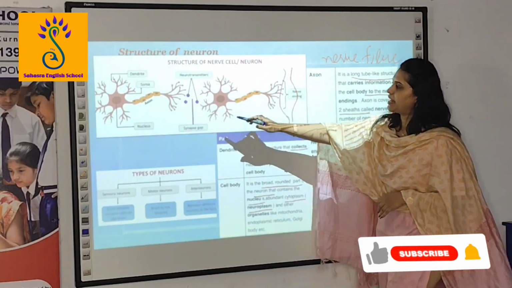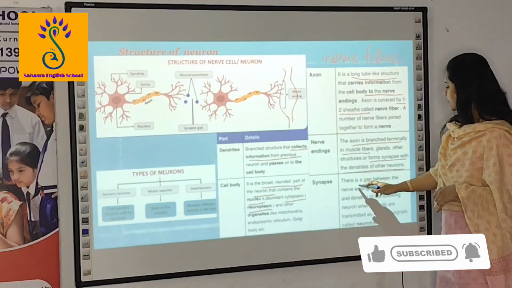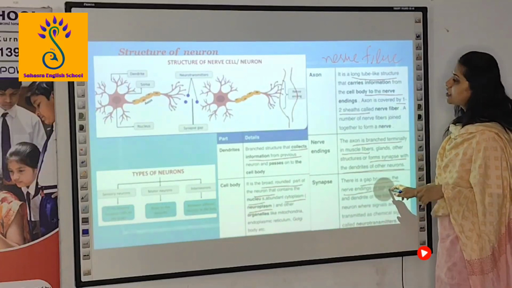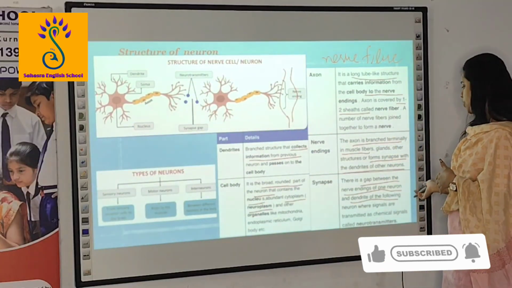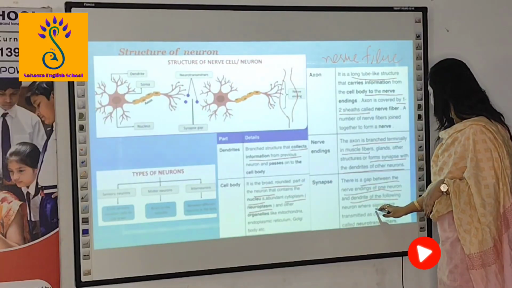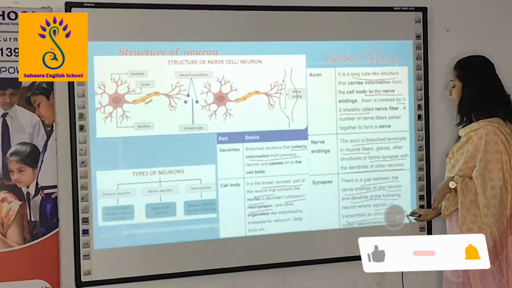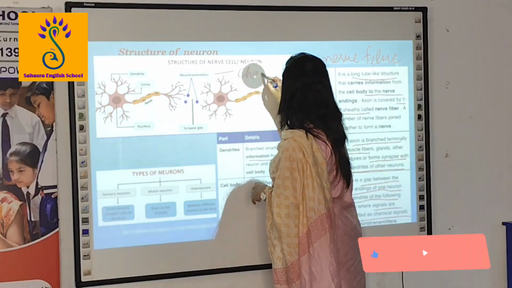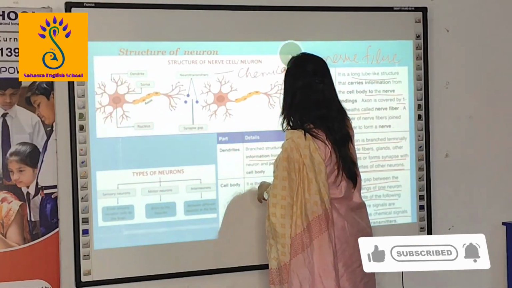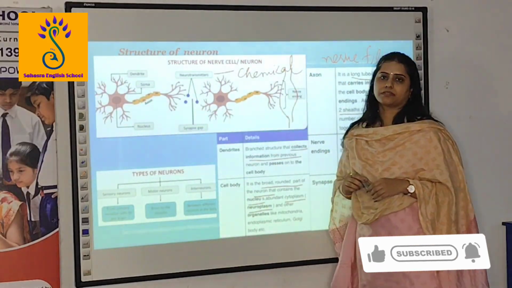This is the synapse, the gap between the nerve endings of the previous neuron and the dendrite of the next neuron. Here the signals are transmitted as chemical signals, and these are called neurotransmitters.